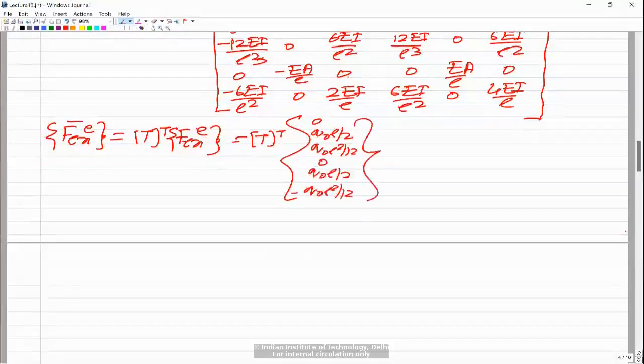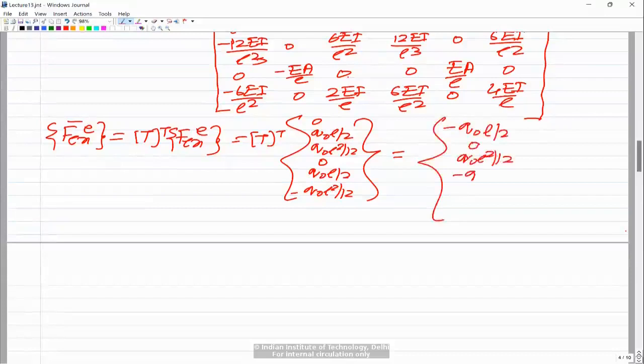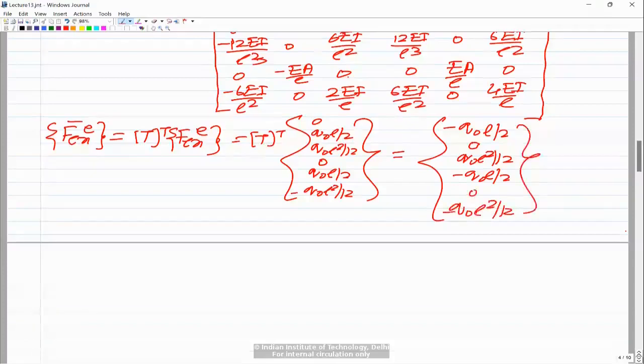If you again multiply it by T transpose, finally you find that after the multiplication, this becomes q naught L by 2 in the global coordinate system, 0, q naught L square by 12, and then minus q naught L by 2, 0, and minus q naught L square by 12. So this is the transformed external load vector which you get.